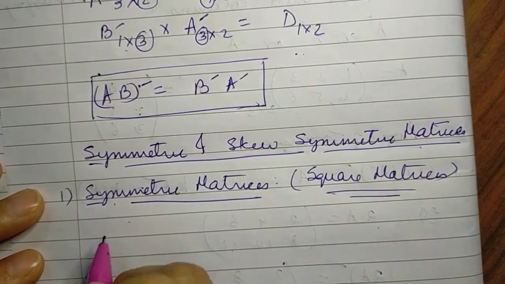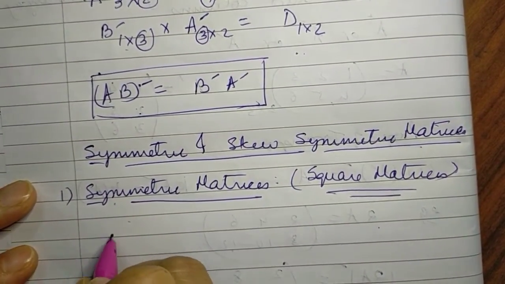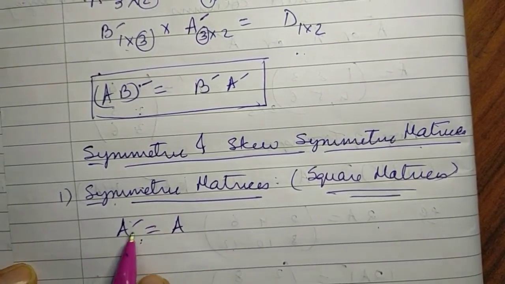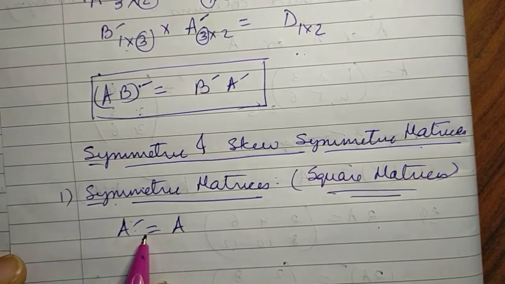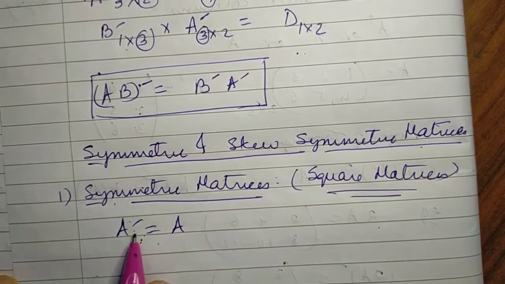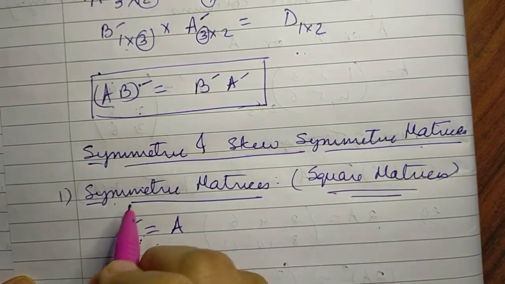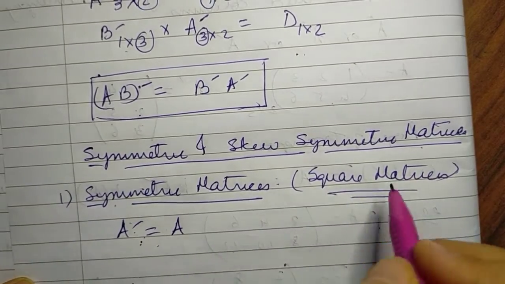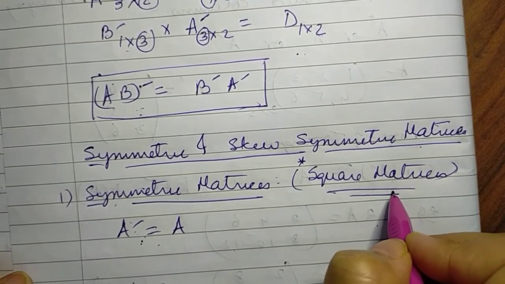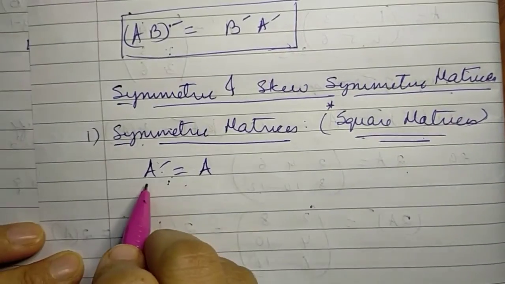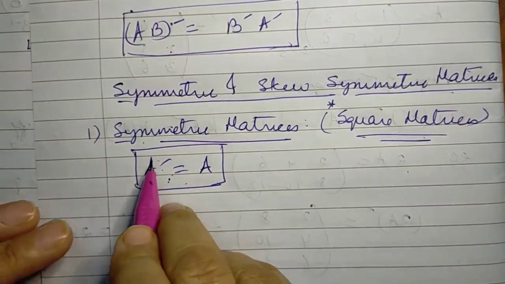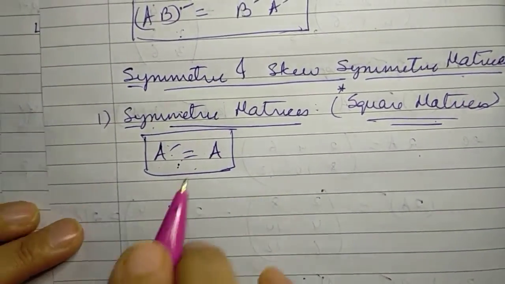A square matrix A is said to be symmetric if and only if A transpose is equal to A. And the very fact that you are comparing the transposes to each other means it needs to be a square matrix, otherwise they are not even comparable. So you can define symmetric and skew symmetric matrices only in case of a square matrix. If A transpose is equal to A, we say that the matrix is symmetric.